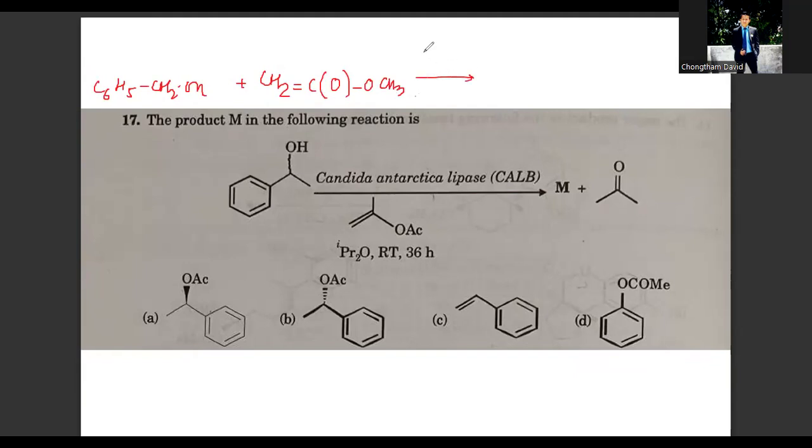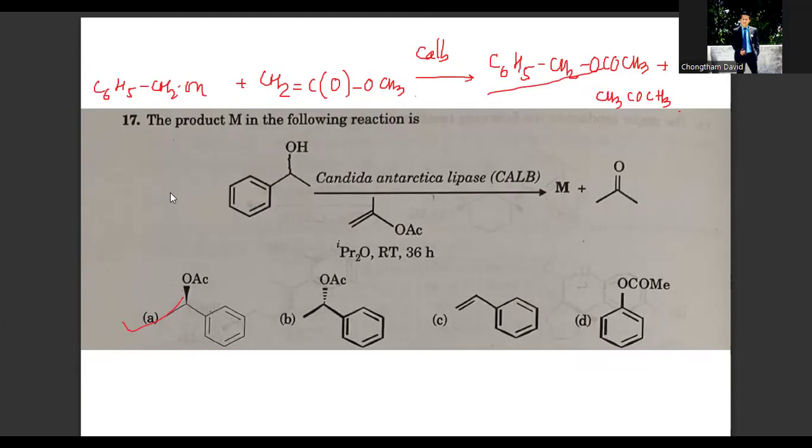Okay, so when we add this CALB, there is Candida Antarctica lipase. The product will be benzyl acetate and acetone. C6H5CH2OCOCH3 and acetone. So this is a product we would be obtaining. So answer would be A.